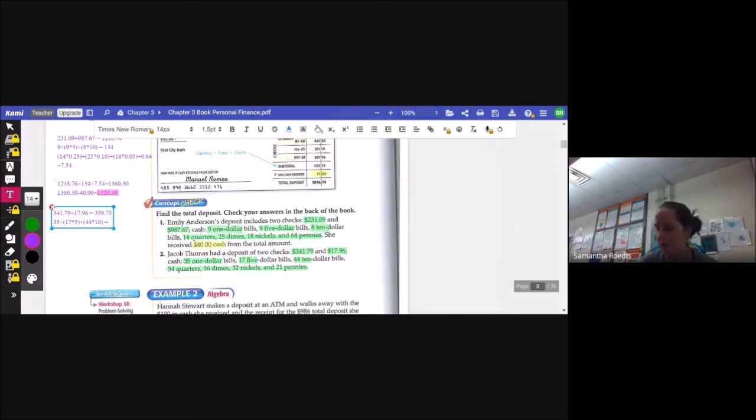So that equals 35 plus 17 times 5, which is $85, plus 44 times 10, which is $440. So $560. And then we need to do coins.